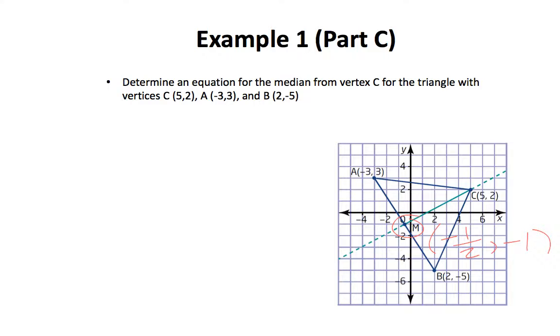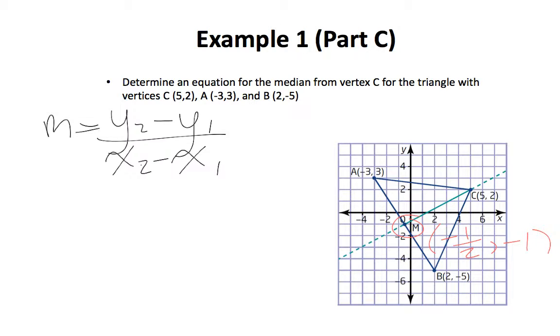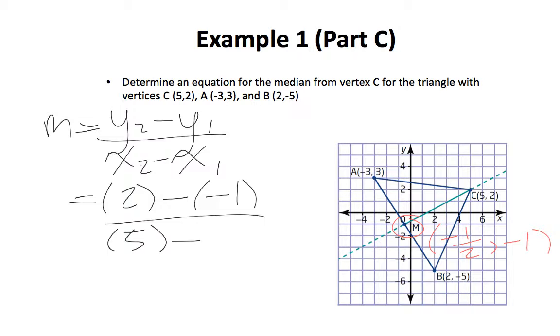Since we have the coordinates of 2 points on the line which we want, we can determine the slope of that line. And slope is y2 minus y1 over x2 minus x1. At this point, you're just going to substitute in your known values. I'm going to use 2 as y2, negative 1 as y1, 5 as x2, and negative 1 over 2 as x1.